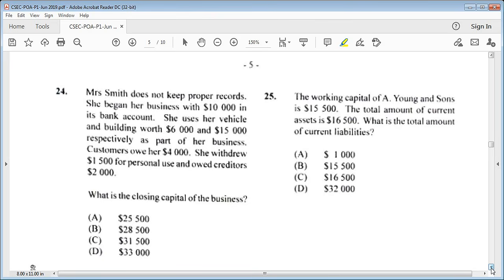So when we deduct $8,500 from our working capital of $23,000, sorry, I said deduct, but we add. When we add our $8,500 to $23,000, we get $31,500. So we have C as our answer.